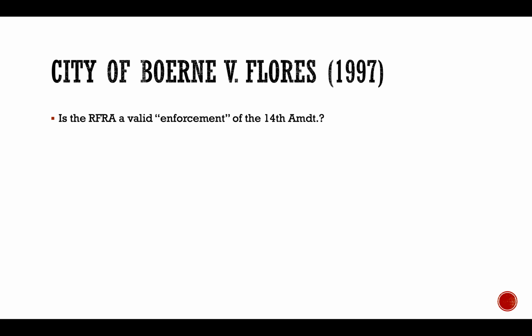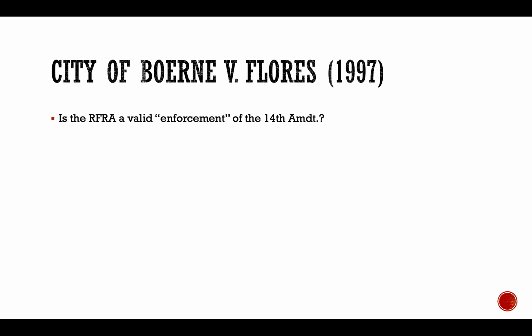So the court starts by quoting Section 1 and Section 5 of the 14th Amendment. So the argument is, looking at Section 1 prohibits a state from depriving any person of life, liberty, or property without due process of law. And we know that the Free Exercise Clause is incorporated to apply against the states via the Due Process Clause.